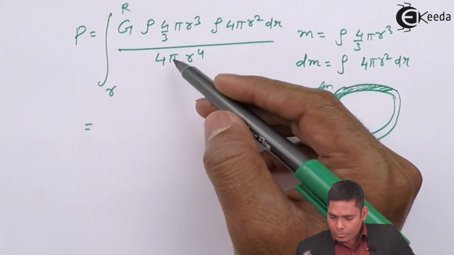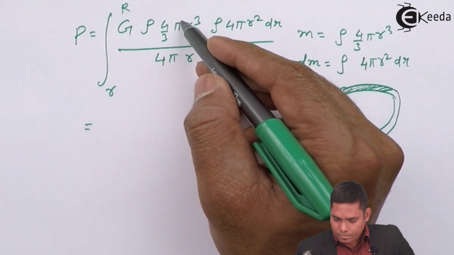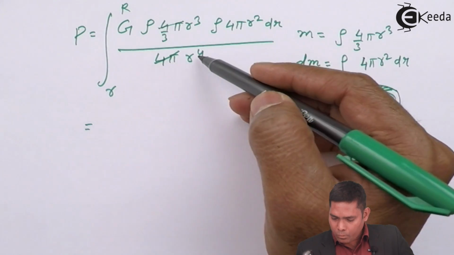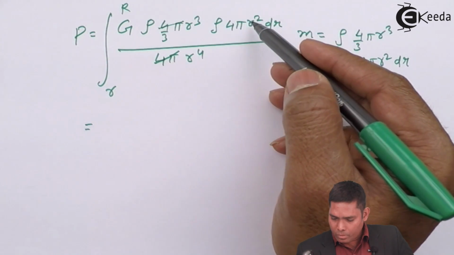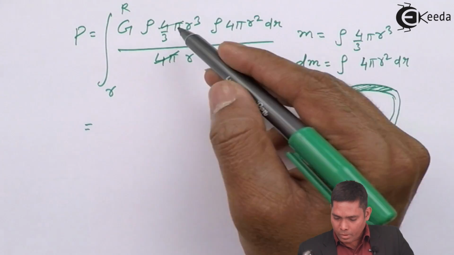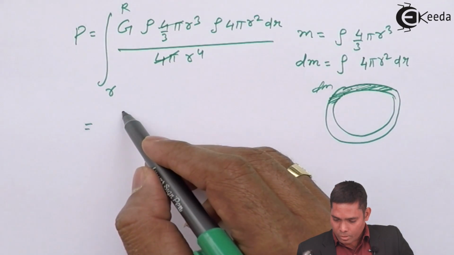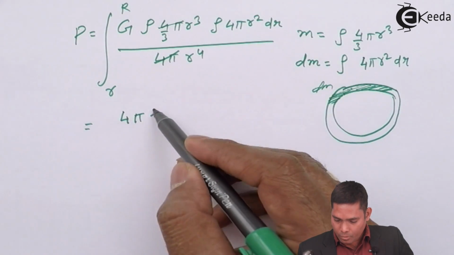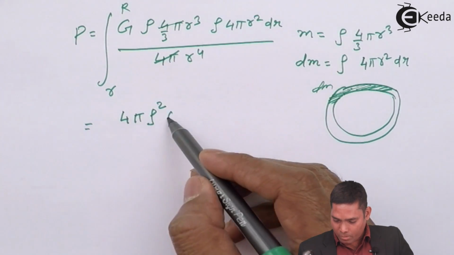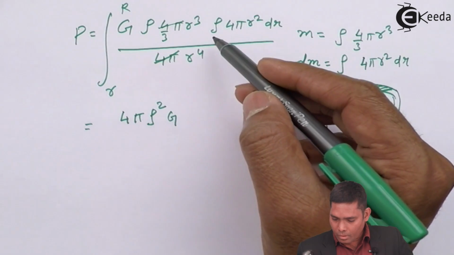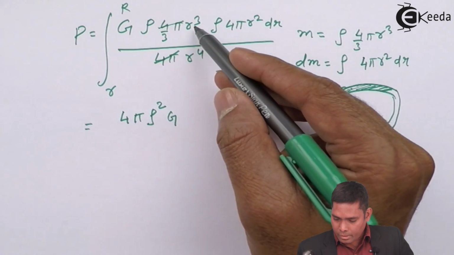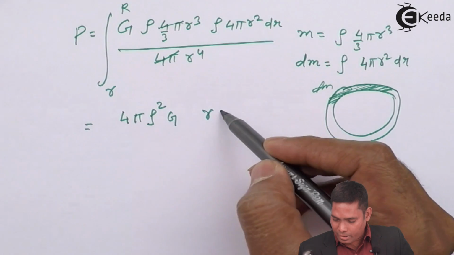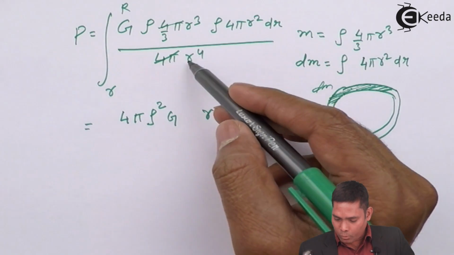4 pi will cancel. R to the power 4 upon r to the power 5 leaves only 1 over r, and rho square. So 4 pi, rho square and G will come out, and r dr remains, since r to the power 4 cancels.